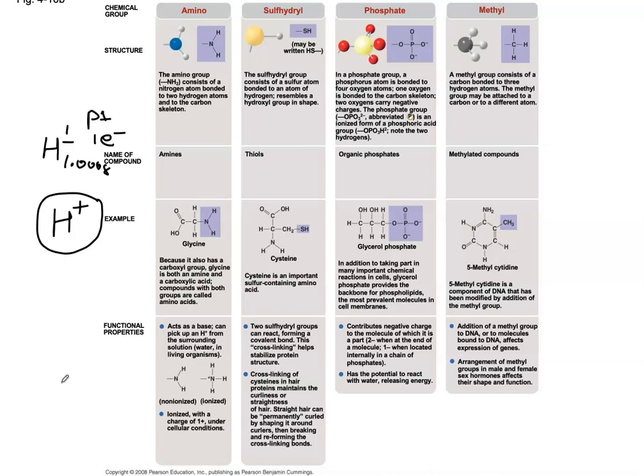Sulfhydryls are very unique to proteins. They tend to form cross bridges. When proteins are made, they're like a really long chain of amino acids, and then they tend to fold onto each other. A very good way to think of it is like if you had a really long rope and you wanted to store it, you wouldn't just keep it stretched out.